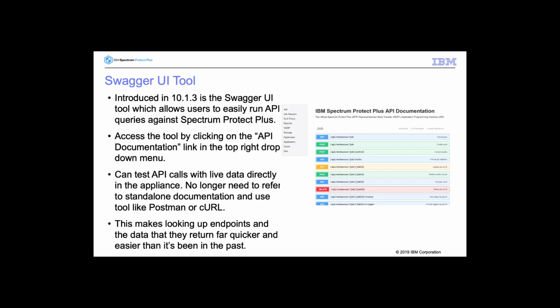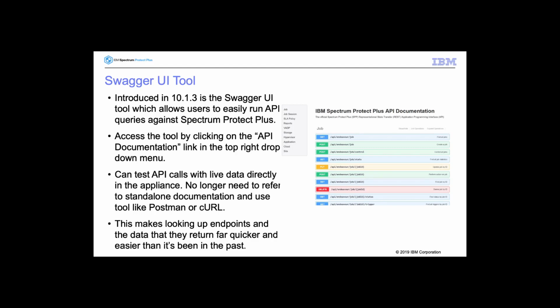If you now go in the application and click on the API documentation link, you will see all of the REST APIs listed, grouped by category, as you see cut and pasted in the middle here. Here you'll see all of the particular REST API methods that are available, and you can click on any one of those and see the documentation.